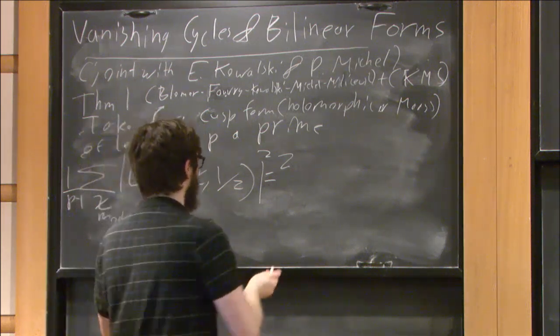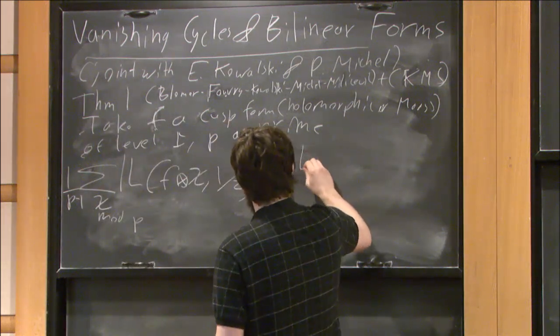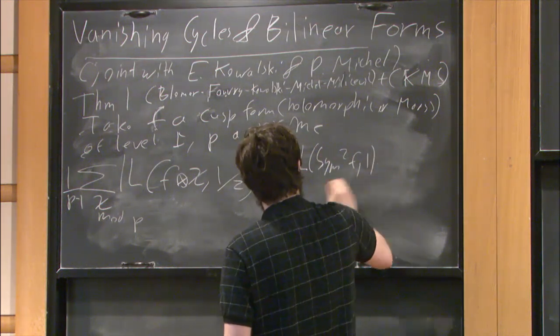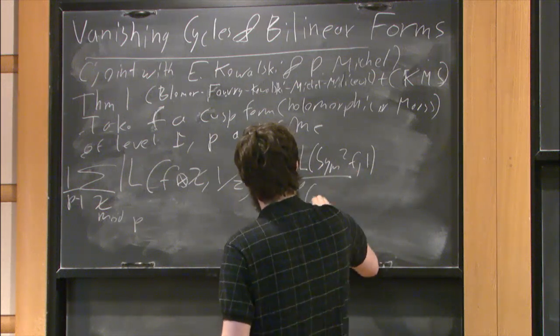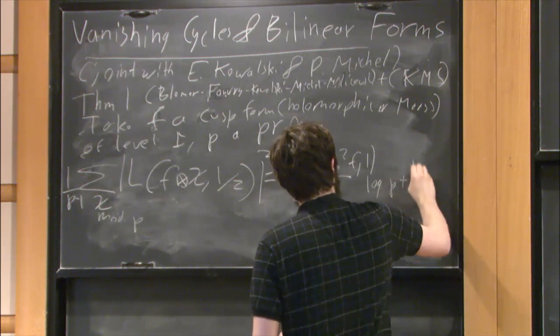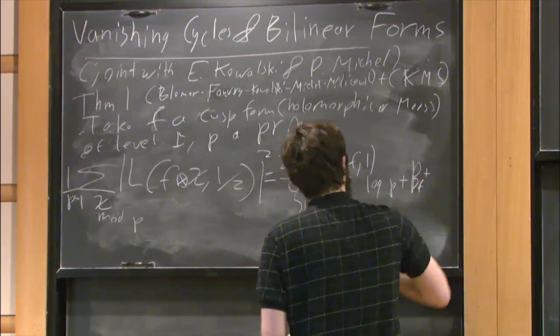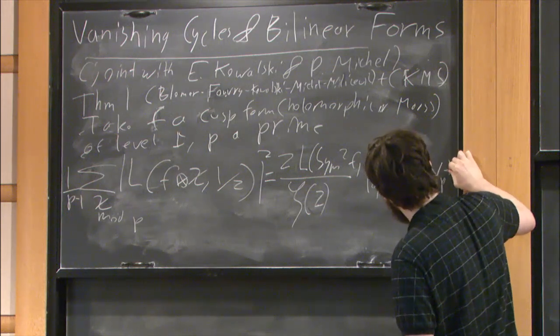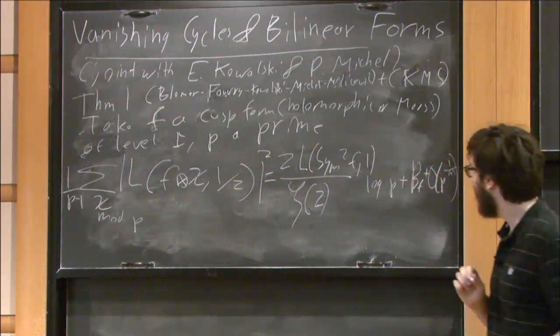If you're very, very clever and this is obvious to you, it's L(sym² f, 1) over ζ(2) times log p plus β_f plus O of p to the minus 1 over 145.